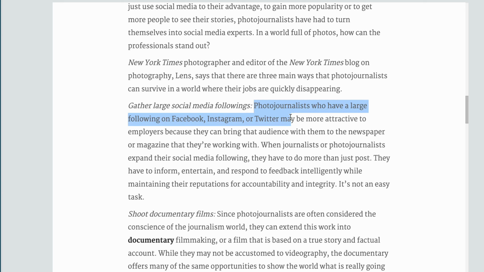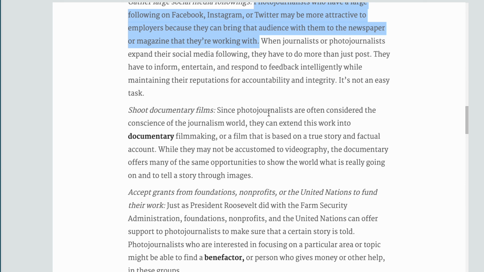Photojournalists who have a large following on Facebook, Instagram, Twitter may be more attractive to employers because they can bring the audience with them to the newspaper or magazine. So now we have a new requirement for getting the job. You have to have a great number of followers, so it will be easier for us to post whatever we want.